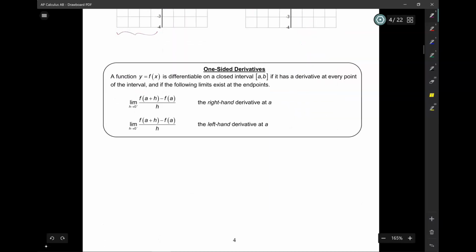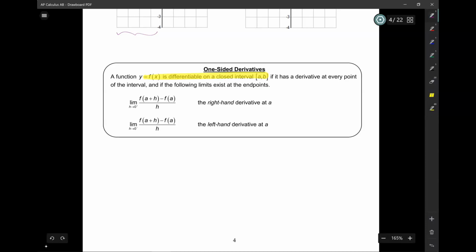Okay, so let's talk about one-sided derivatives. We say a function y is differentiable on a closed interval if it has a derivative at every point on the interval.